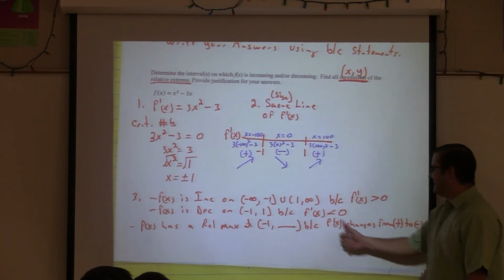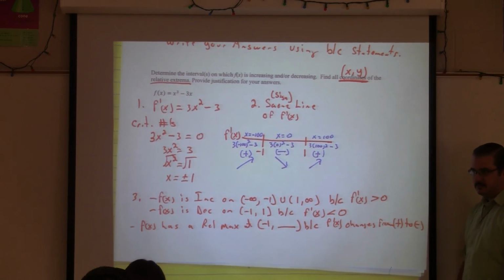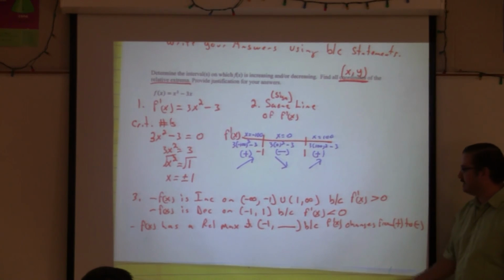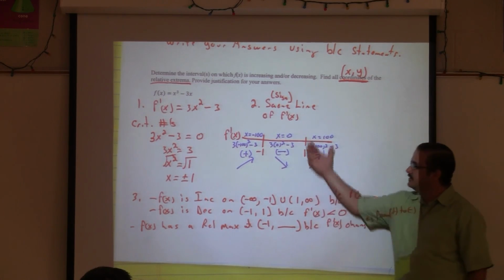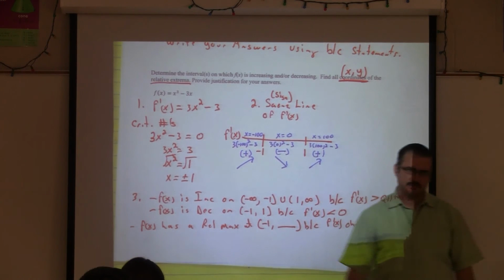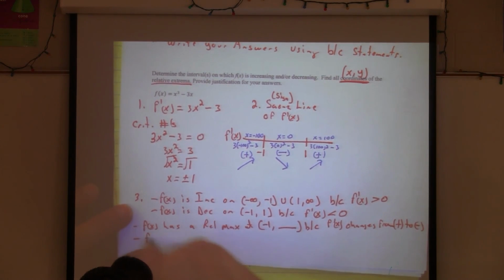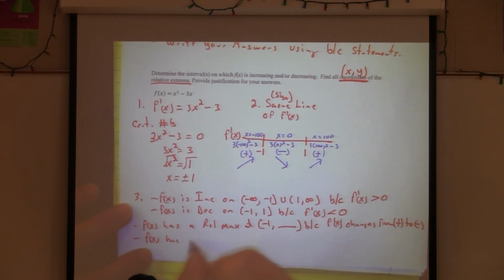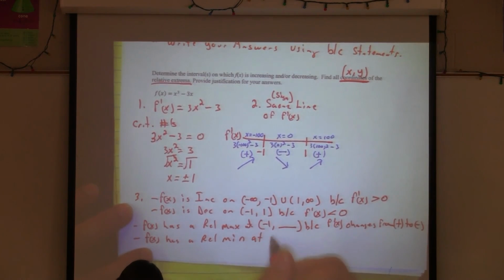Could I say f of x changes from increasing to decreasing? Yes. Yes, right? F of x. And I can base that off of the derivative, right? The derivative is positive, the original function is increasing. You understand? So be careful what you say. There's several ways of writing the correct answer. Good? Did f of x have a relative min? Where did it have a relative min at?